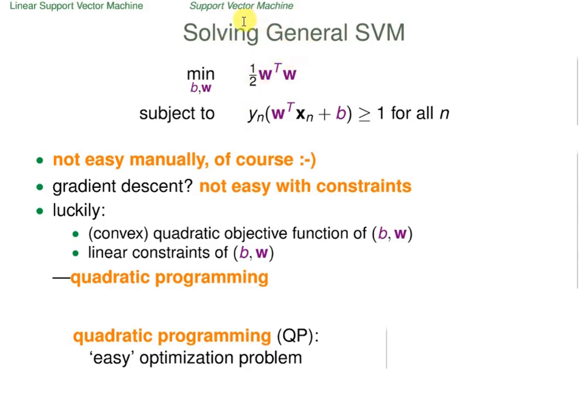SVM's objective function belongs to a well-studied family of optimization problems known as quadratic programming. Whenever we want to minimize this kind of quadratic, convex function subject to linear inequality constraints, we can use quadratic programming solvers that the optimization field has developed.